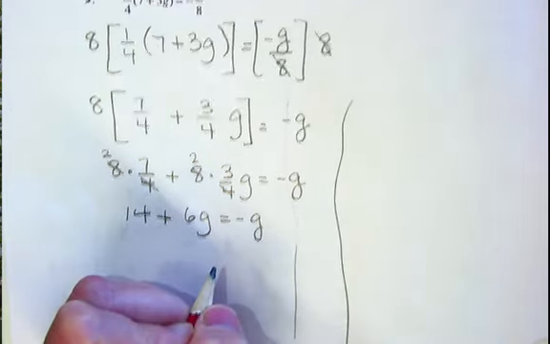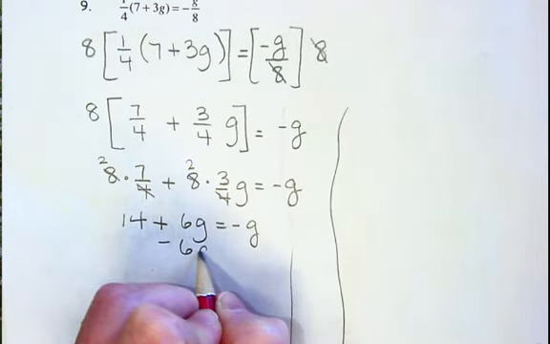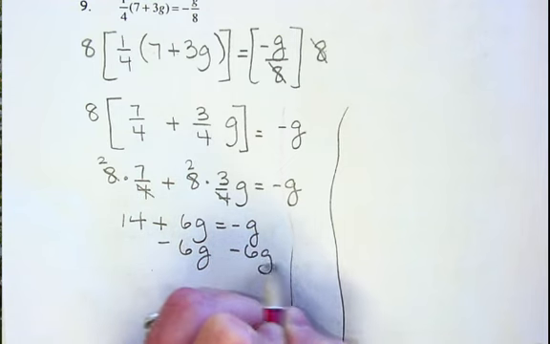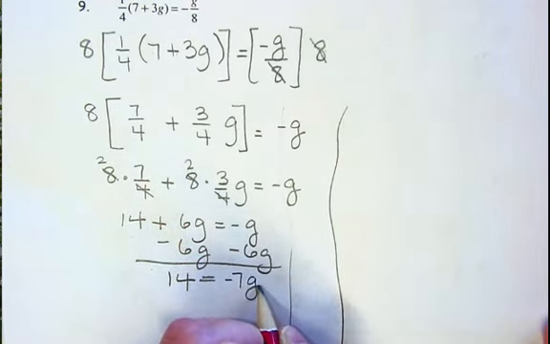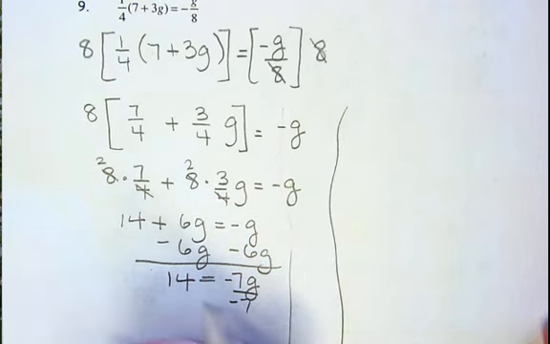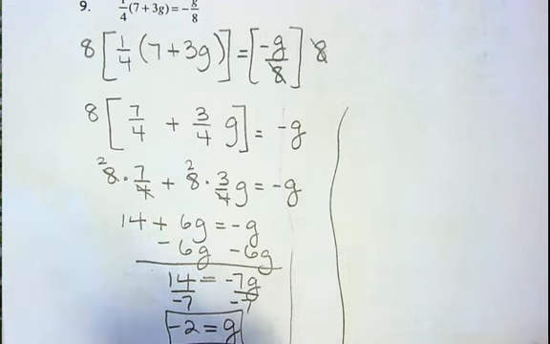Then I'm going to go ahead and subtract 6g from both sides, and I get 14 is equal to negative 7g. Divide by negative 7 and I get an answer of negative 2.